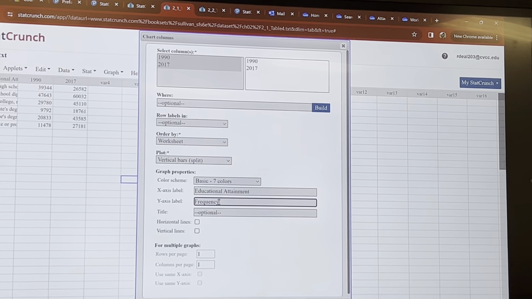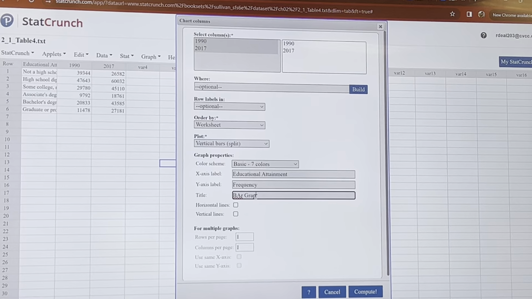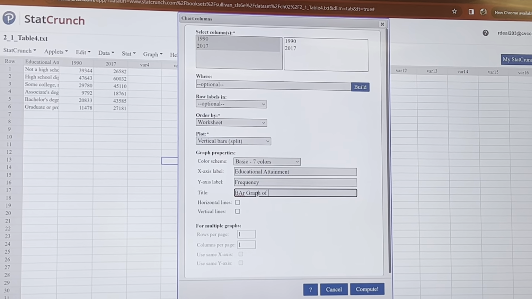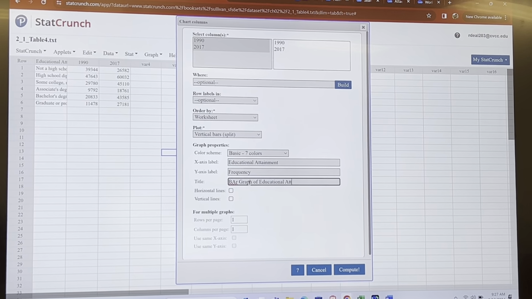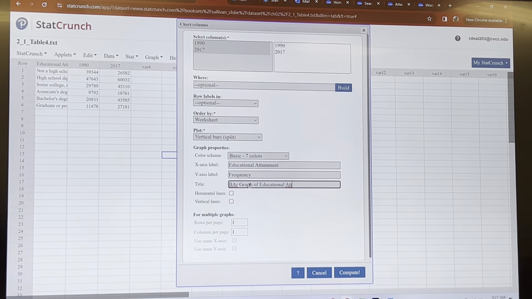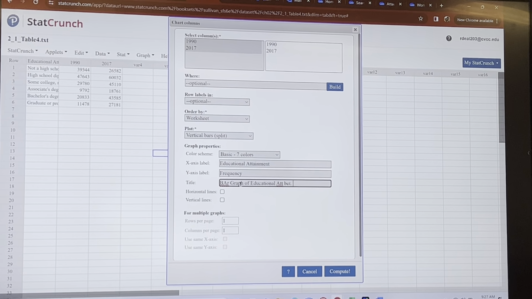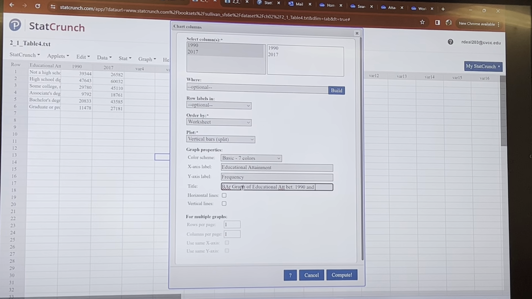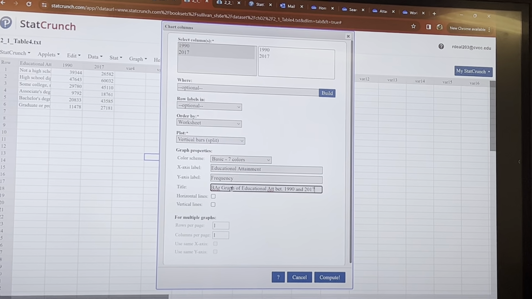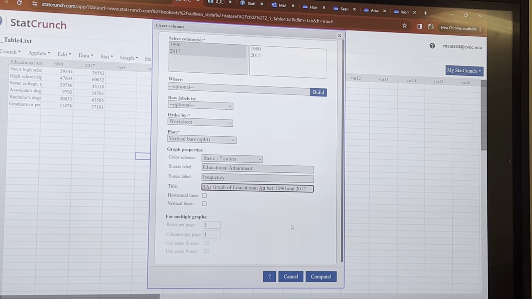Get it? Okay, and then we put in there the title: Bar graph of educational attainment, just put ATT, attainment between, just put BET, 1990 and 2017. Get it? Okay.